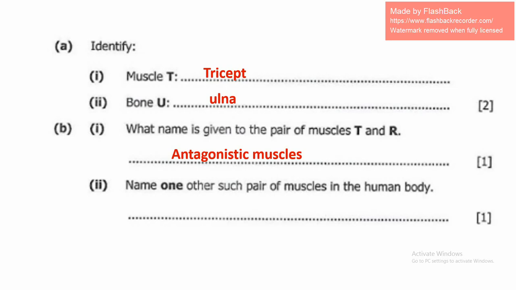Why are they contracting? So that they make the pupil narrow. The pupil becomes narrow during bright light so that it limits the amount of light passing through your eye. So in bright light, the circular muscles will contract while the radial muscles will relax.